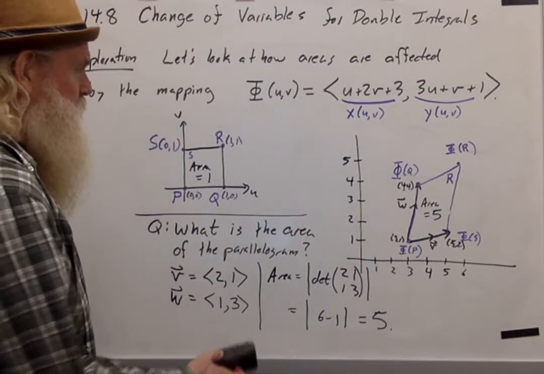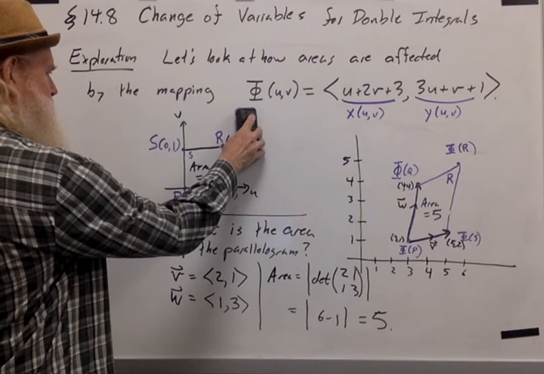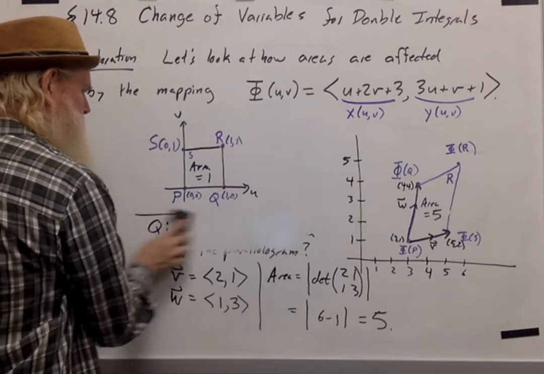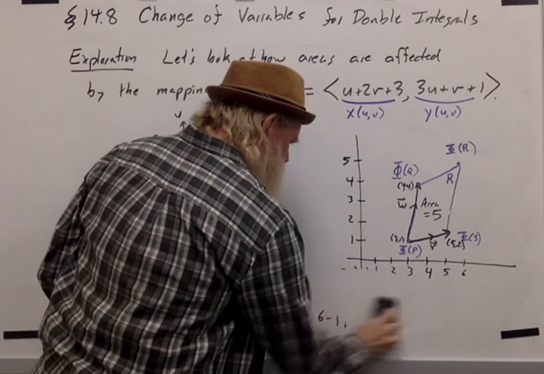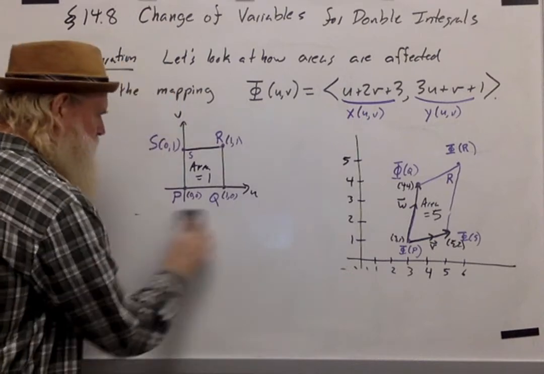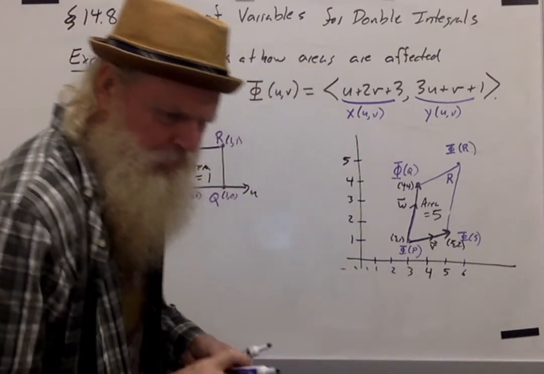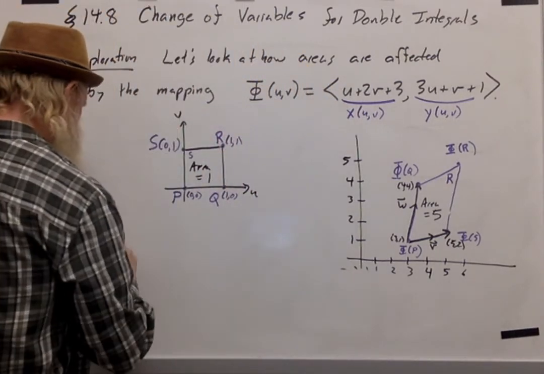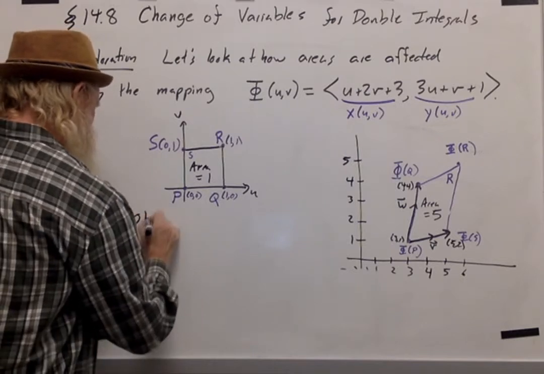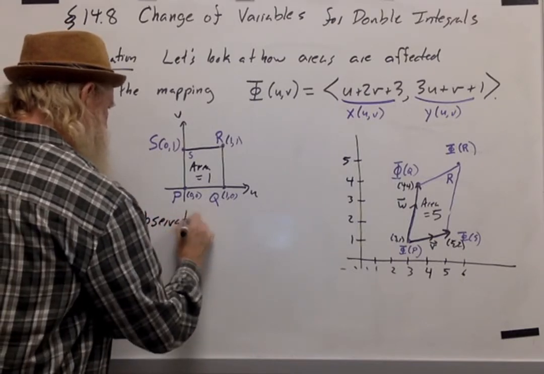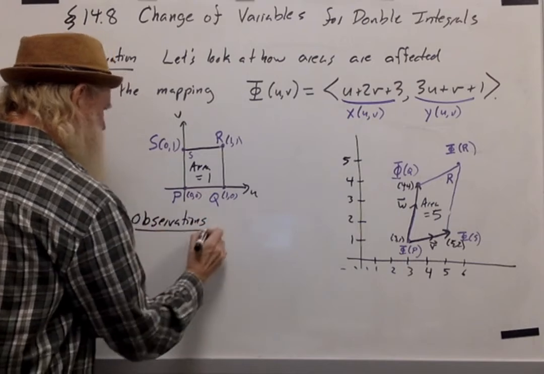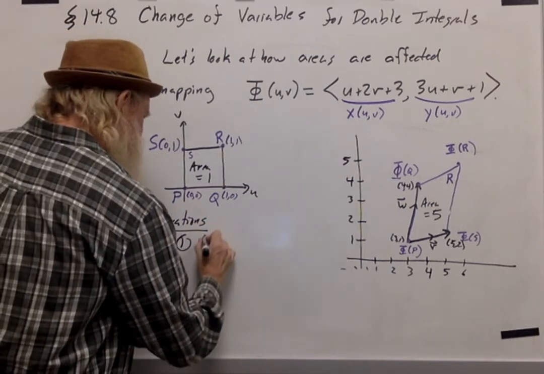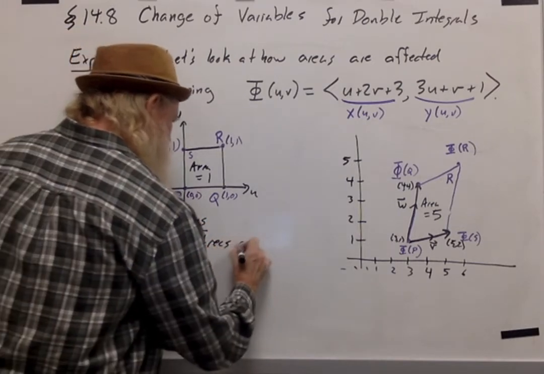So let's draw some conclusions on this, or make some observations. The first one is that areas are multiplied by 5.